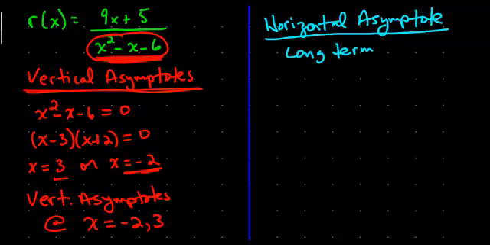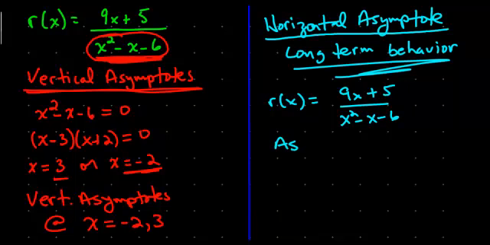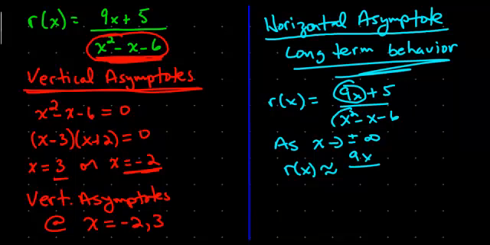At this point, we should know that this function r of x equals 9x plus 5 divided by x squared minus x minus 6, as x approaches plus or minus infinity, r of x is going to be approximately equal to the biggest term on top, 9x, divided by the biggest term on the bottom.